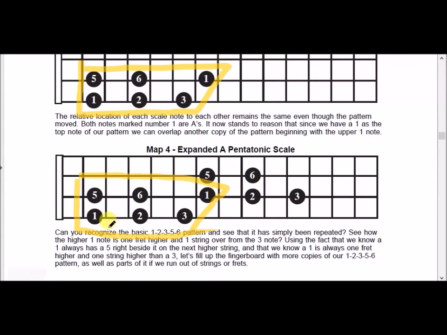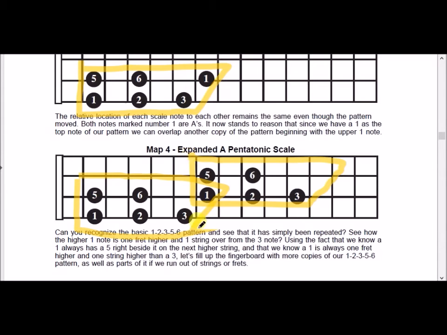And if we want to play another octave, all we have to do is move that boat again so that the 1 note of the new octave corresponds to the high 1 note of the previous octave. So here is what's gonna be my boat.